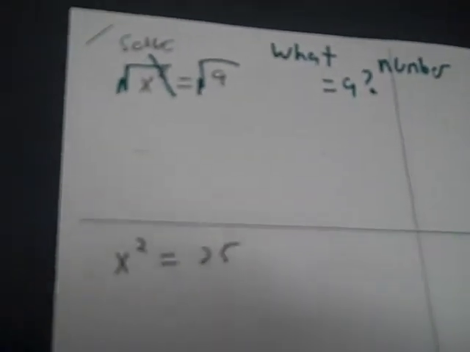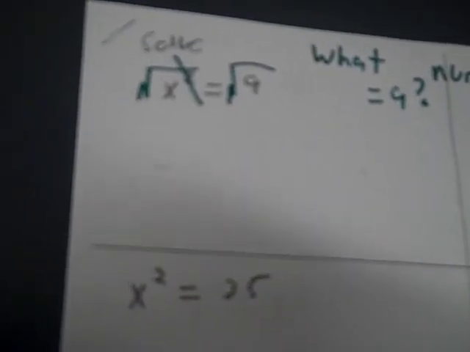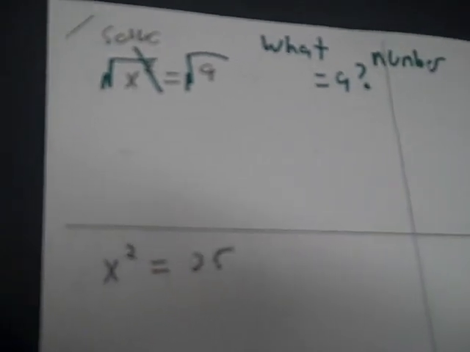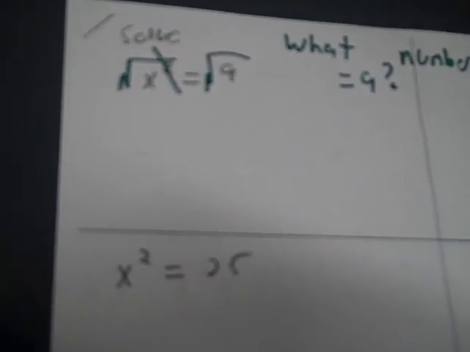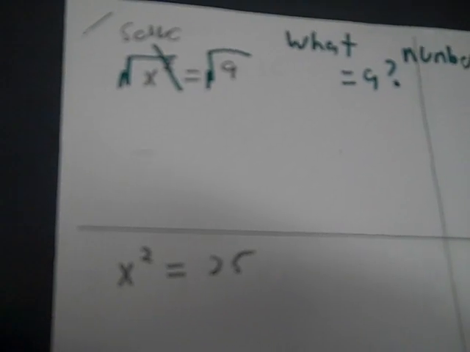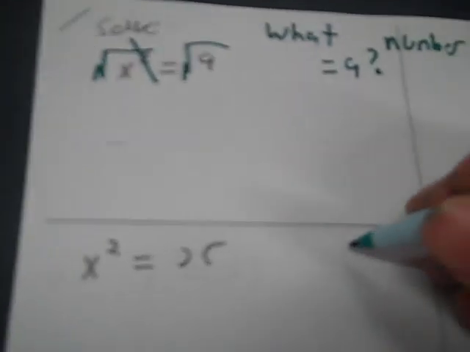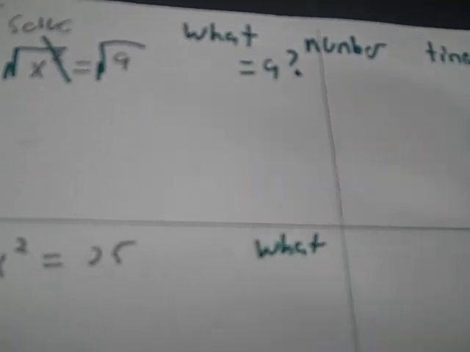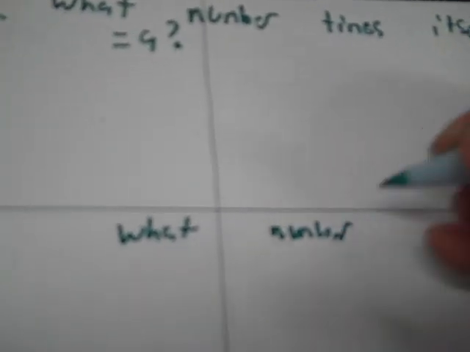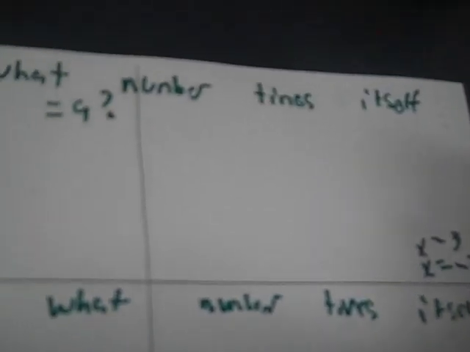Next one, two answers. Do I have any x's in that equation not to the second power? No, I don't, so I don't need the boxes. I draw boxes when I have x's that are not to the second power. So again, don't write the words: what number times itself equals 25?